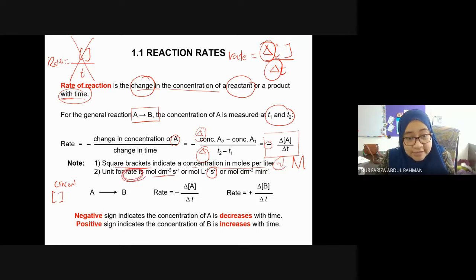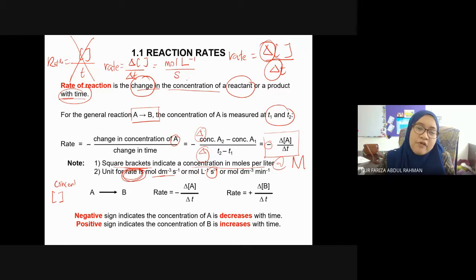Okay guys, you don't need to memorise it. You can derive it yourself, you see? Rate is equal to change in concentration over change in time. What is the unit for concentration? Mole per liter, mole liter^-1, right? So what's the unit for time? Let's say in second, so s.